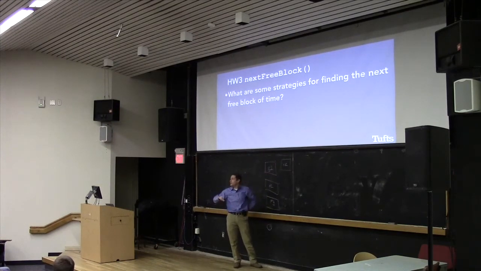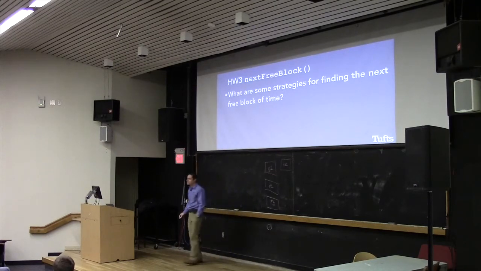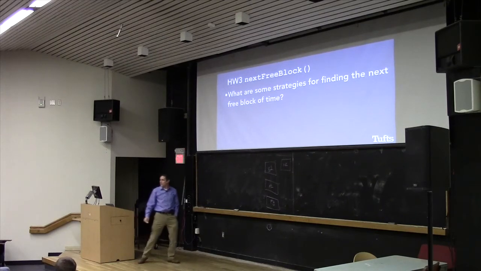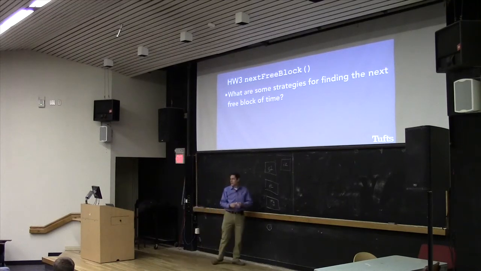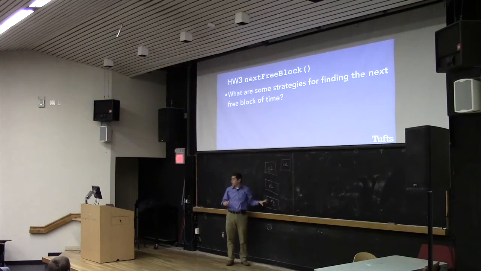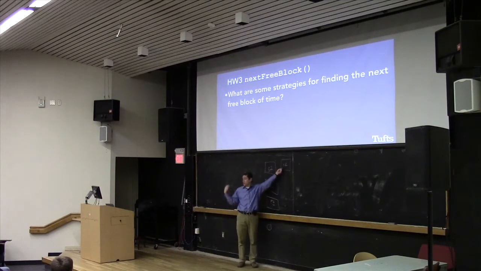Yeah, question? I didn't understand what type of list goes into next free block. Because if it goes before, shouldn't it have been scheduled in scheduled events? Why would you have to find a free block for it if it went before the first element? Or okay, let's say there were 3 elements already in your day. If there are no elements in your day, and this is a proper event, it should go straight in, right?